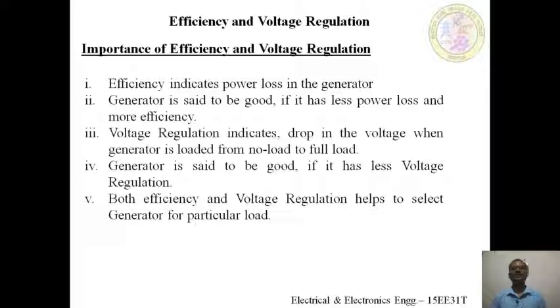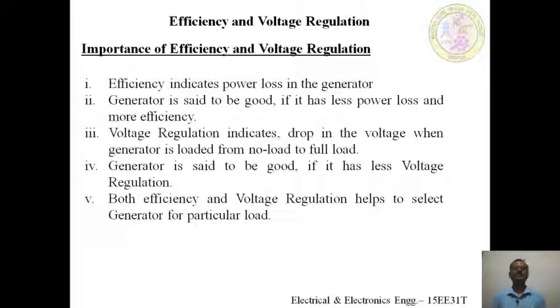That is, voltage drops. How much voltage drops from no load to full load, that idea we get from the voltage regulation. Again, as I said previously, a generator is said to be good if it has less voltage regulation.